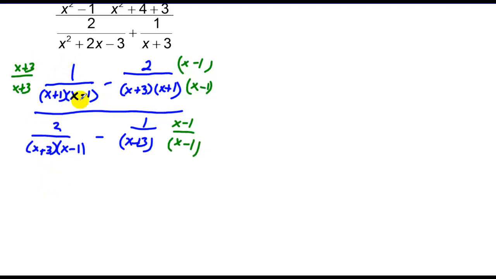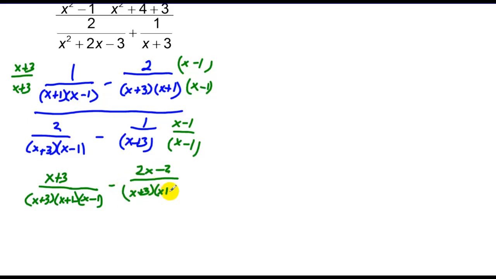In my first numerator, I have x plus 3 over x plus 3, x plus 1, x minus 1, and then minus a 2x minus 2 over x plus 3, x plus 1, x minus 1.